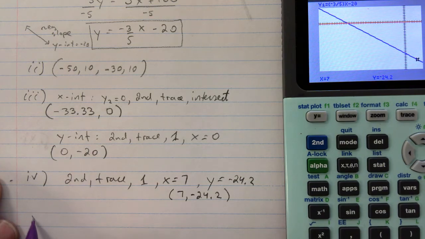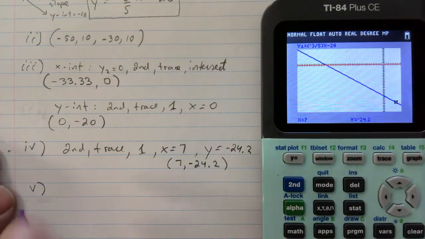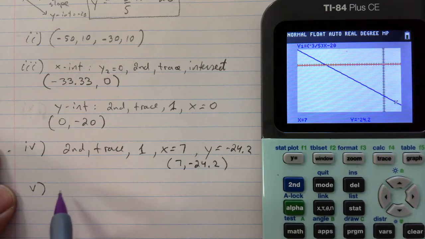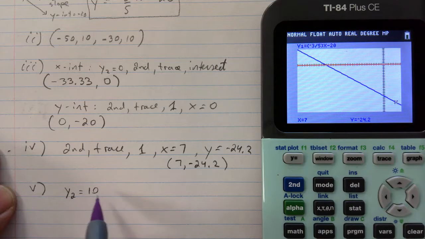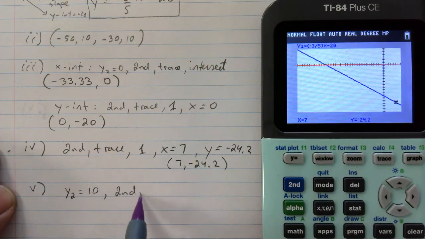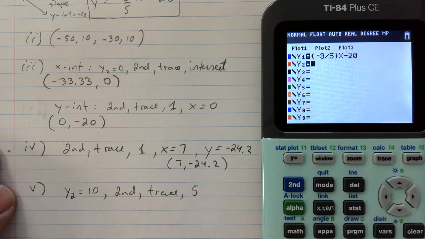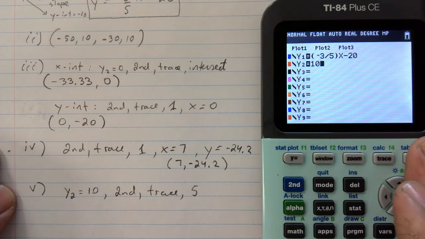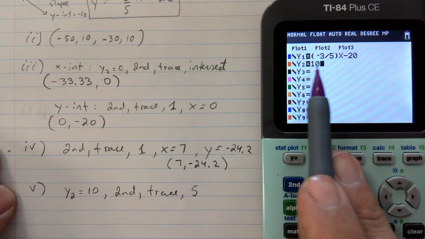Fifth, we need to find when y is equal to 10. So when you are given the y value, you type that into y2, and it's second trace 5. So I'm going to type in 10. This could be negative 20, 30, whatever.